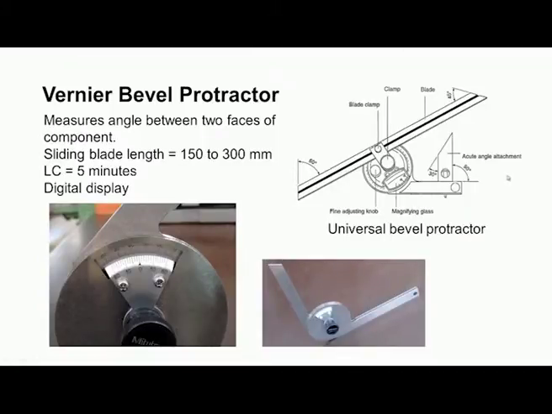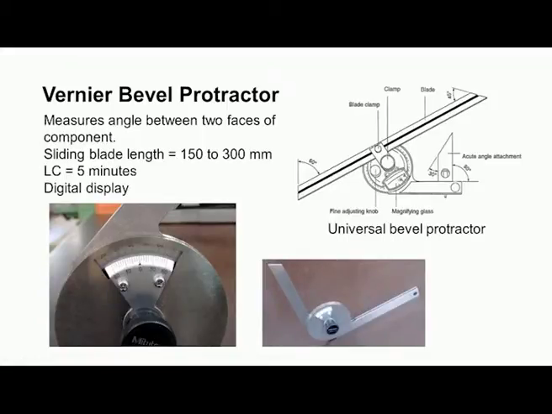Now, you can see there are some attachments to the basic bevel protractor. There is an acute angle measurement attachment. This is 90 degree, and this angle is 30 degree, and we have a sliding blade. This is again beveled at 45 degree, and this shows this angle is 60 degree. We can use these ends of the blade to check 45 degrees and 60 degrees.